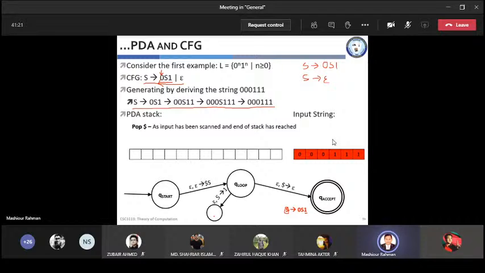We go to this node. Then read nothing, pop nothing, push S. The S in the middle, right to left. First I pushed 1, then I pushed S, then I pushed 0. So 1S0. That is how we are pushing.